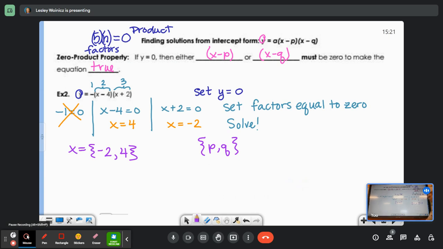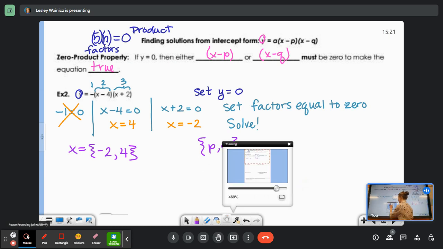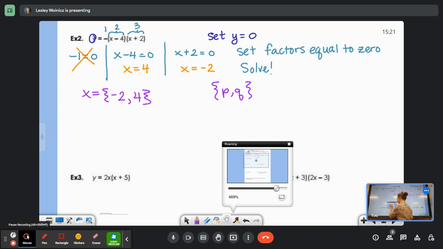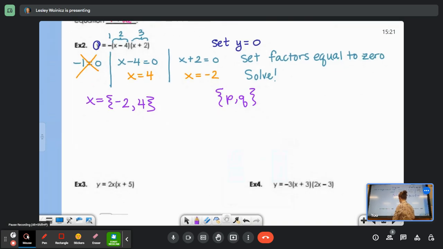Just to give us an idea of what it is that we found, we're going to draw a little sketch. So it was -2 and +4, right?